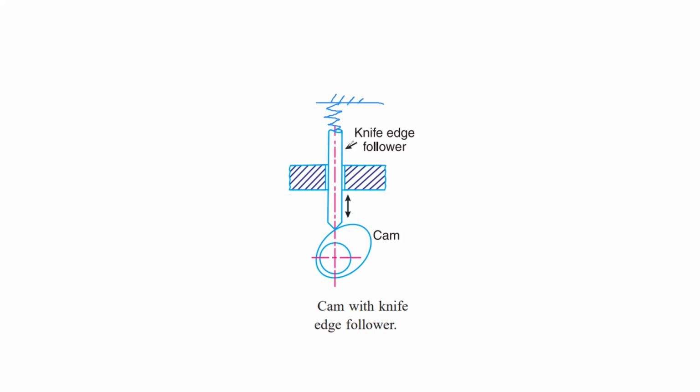Because of that, the follower remains in contact with the cam. So sometimes a spring is used to keep these two elements in contact. If they are in contact, then only they can serve the purpose of transmitting the motion from one element to another. So, got it, what is a self closed pair and what is a force closed pair. Yes, sir. Okay, now next we will start the next slide.